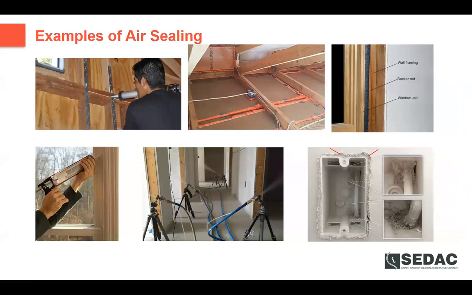Rope on the top right, rope caulk or backer rod, is a very effective means to stop air. And then I usually put a thin bead of caulk over the top of that if it's not a really wide gap. Caulking trim is very effective.